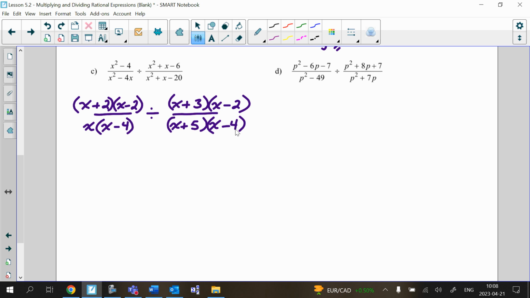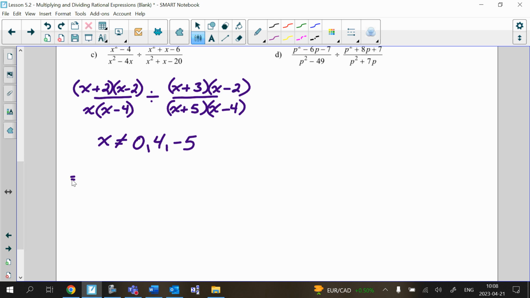Now let's change it to multiplication. The first fraction stays the same, except now I'm going to multiply by the reciprocal of the second, so I'm going to flip the numerator and denominator. Because I did that, I made a new denominator, which means there are more restrictions or non-permissible values.